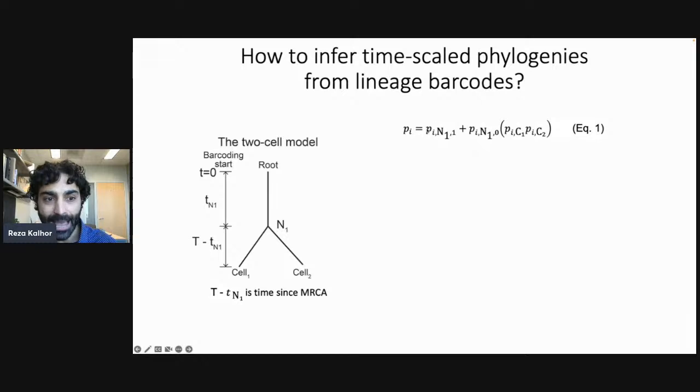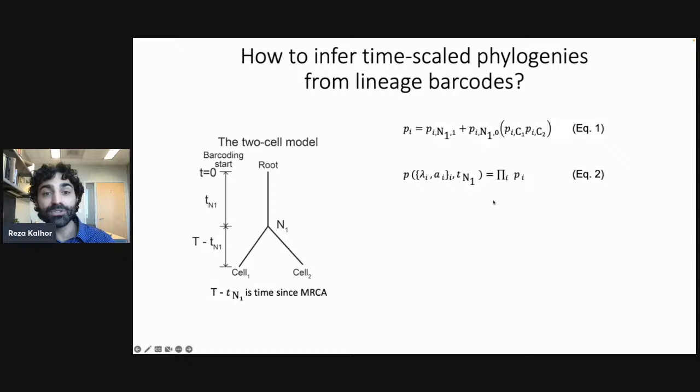Either the mutation happened before their most recent common ancestor, in which case they both have to have the same allele, or the mutation happened after their most recent common ancestor, in which case the probability can be calculated based on what mutations have been observed.